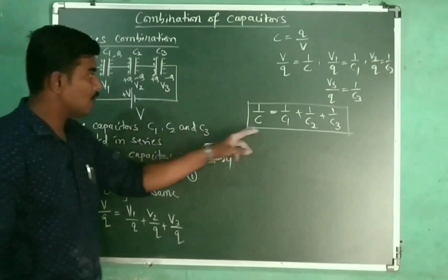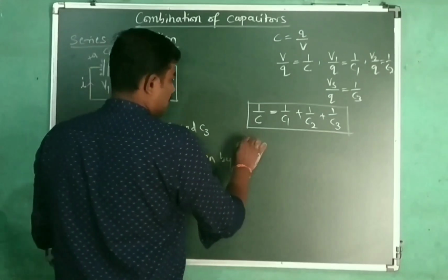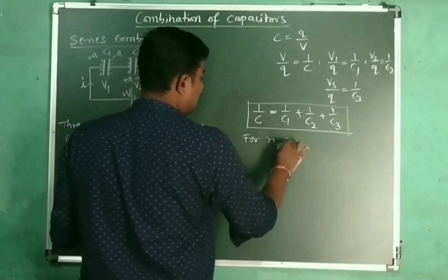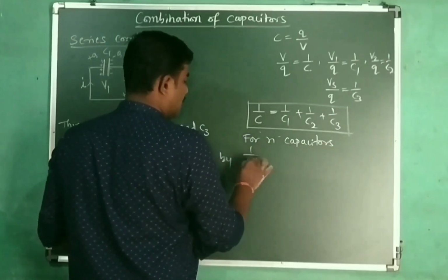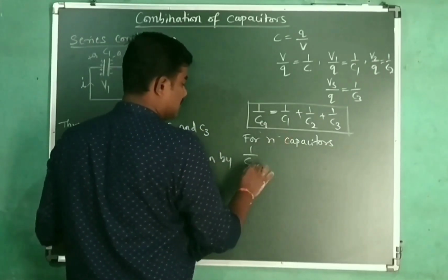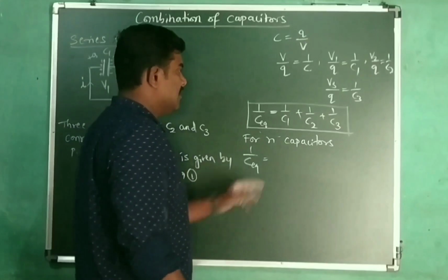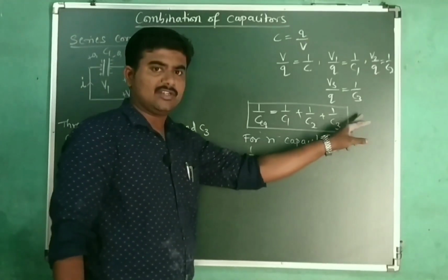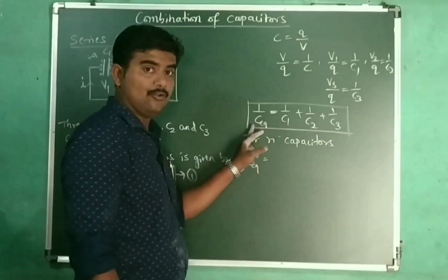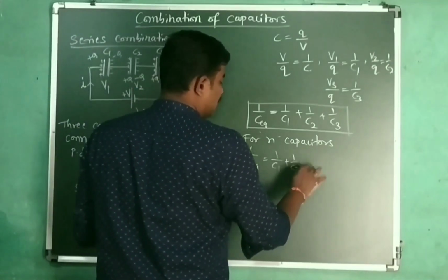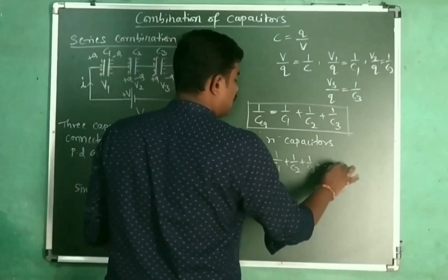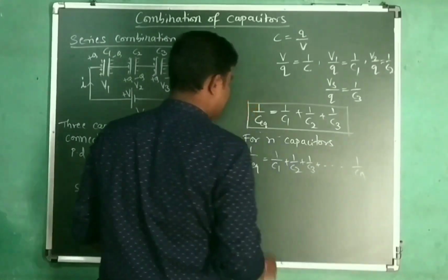So note down, for n capacitors, 1 by C, actually it is C equivalent. Equivalent means instead of all these combinations, you can connect this value. So 1 by C1, 1 by C2, 1 by C3, so on up to 1 divided by Cn.